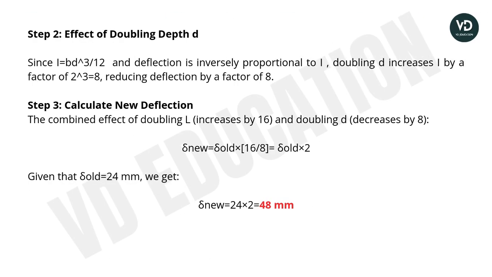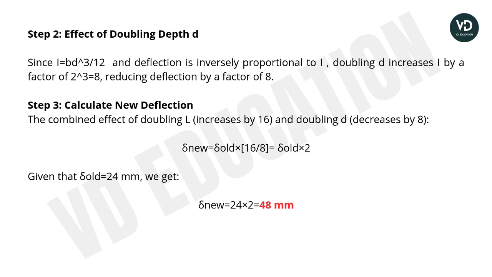Step 2 is the effect of doubling depth D. Since the moment of inertia formula will be B times D to the power 3 upon 12 and the deflection is inversely proportional to I, doubling the D increases the I by a factor of 2 to the power 3, which is equal to 8, reducing the deflection by a factor of 8.